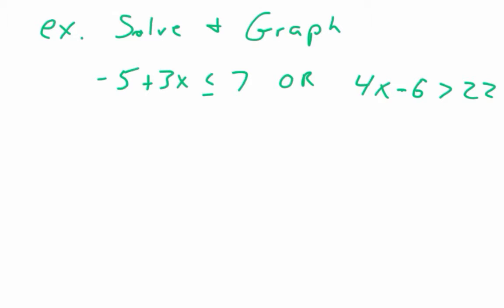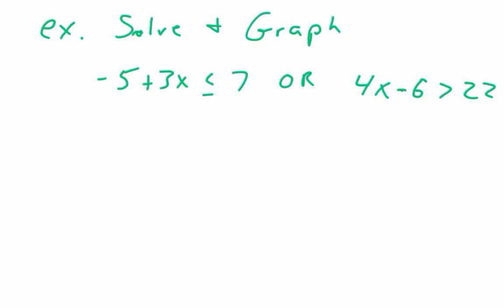Sometimes you'll find that it's the same expression. It'll be negative 5 plus 3x is less than or equal to this, or negative 5 plus 3x, but it doesn't have to be that same negative 5 plus 3x. For these, we just go through and solve them separately.